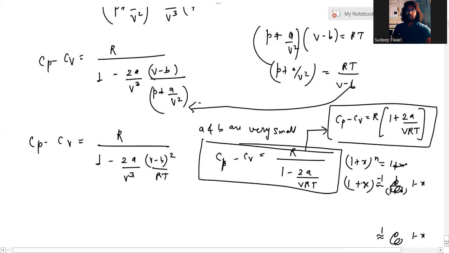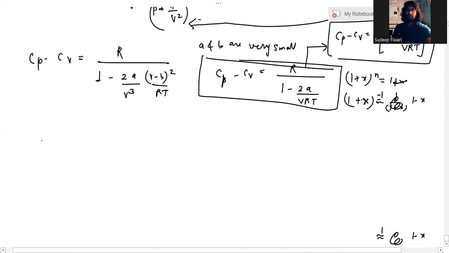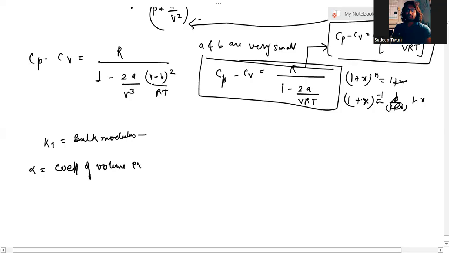And now let us define a few more things. Let's say Kt is my bulk modulus, and alpha, let's say, is the coefficient of volume expansion. Then you can rewrite this expression. I'm leaving it for you.